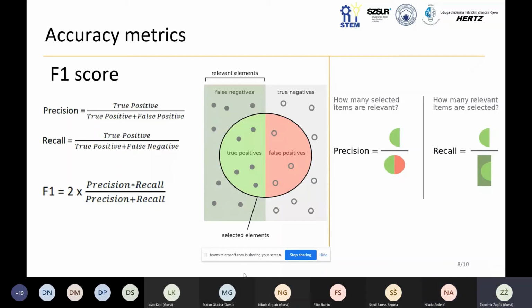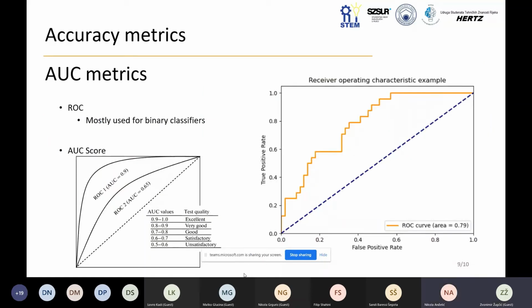F1 score is given from precision and recall, and for precision, inside this circle we can see the true positives, which are correct predictions, and it gives equal importance to precision and recall. The other metric was AUC, which is the area under the curve for a receiver operating characteristic. Here is the example, and both of those metrics range between 0 and 1, 1 being 100% correct.